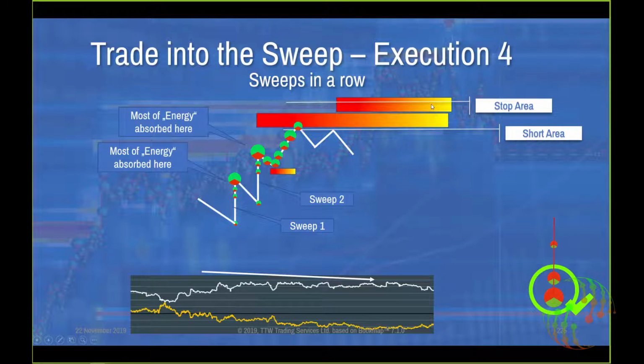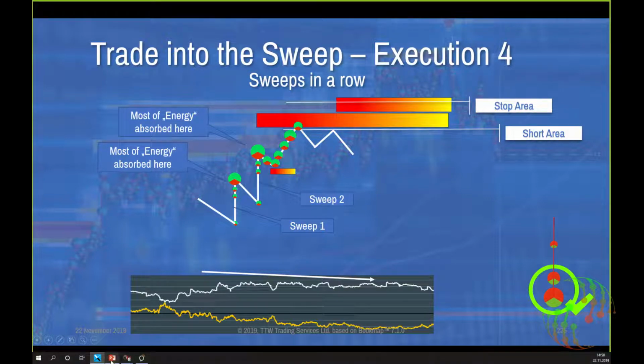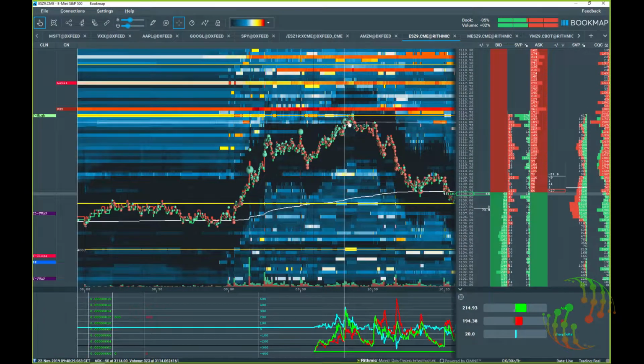The stops are very clear where you have a position here, which is in every part very extreme and very clear. Let's say you get a fill at 14 and your risk is maybe here, 15 and a half, 1.5 points.